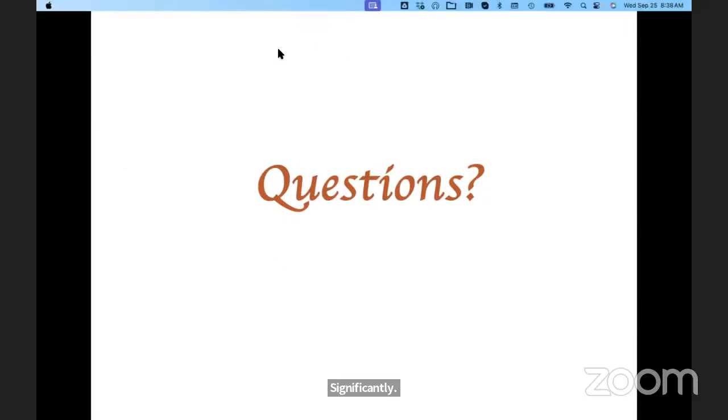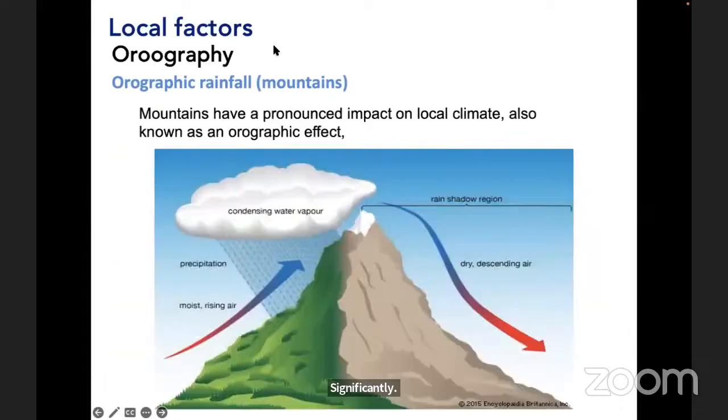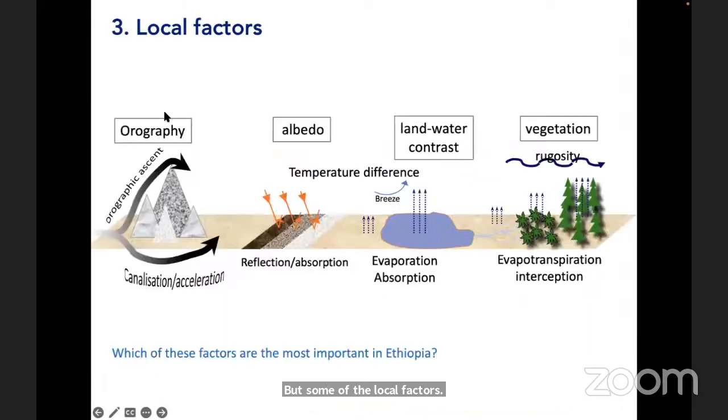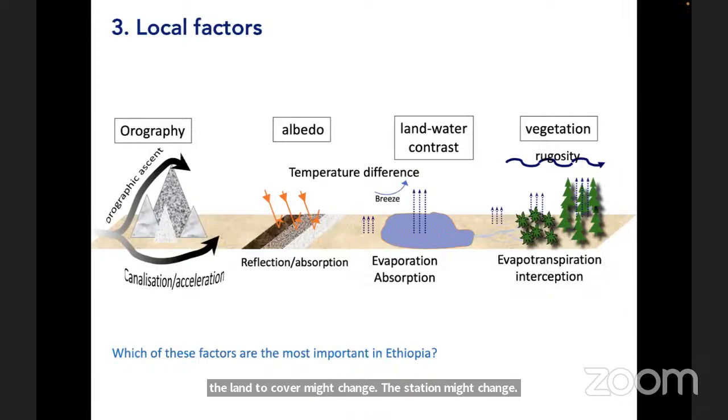The topography wouldn't change, but the albedo, the land cover, the vegetation might change. That might moderate the climate, but not enough to result in a drought one year and flooding in another year. That's fair. We will come to that when we talk about climate variability.